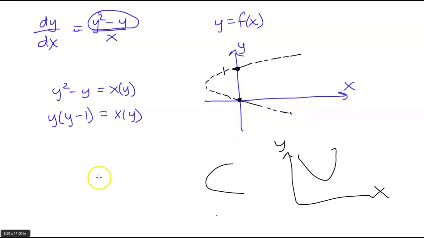Okay. Now, the issue with what I've drawn here is that by definition, y squared minus y is technically not a function if you're looking at it as y in terms of x. Okay, so the way I've drawn this, this is technically not a function.